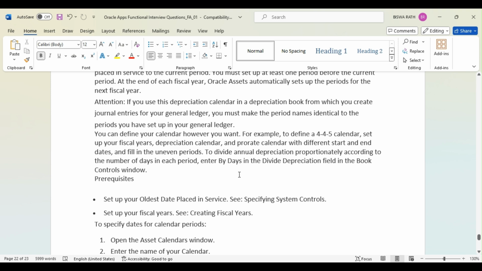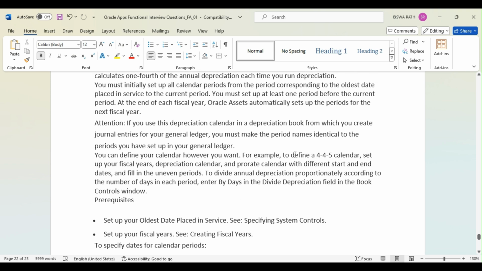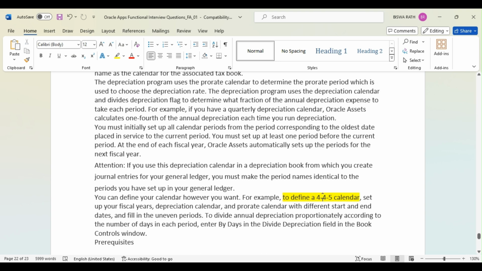The challenge in fixed assets configuration is this: if you have a 445 calendar, you need to track it, because the calendar has to be in sync across the GL, FA, projects, and any other application.